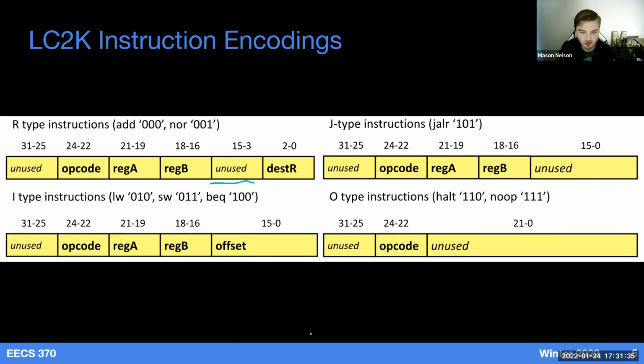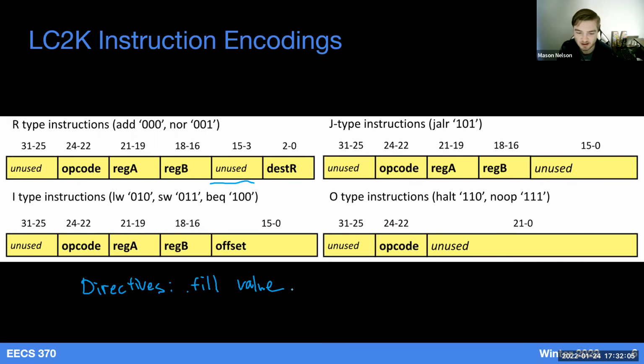Absolutely. One other thing I want to point out that's not on here is that we also have our directives. Other ISAs have more directives, but in LC2K we just have one directive, and it's .fill. This is not an instruction. We call it a directive because it directs the assembler to stick some value into a memory location instead of calculating it like an instruction, just literally copy and paste.